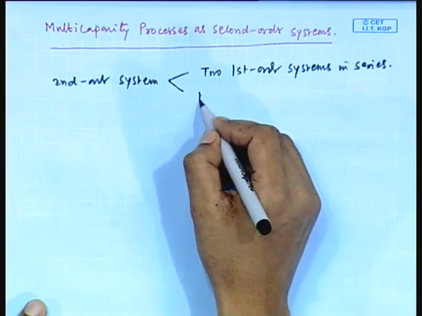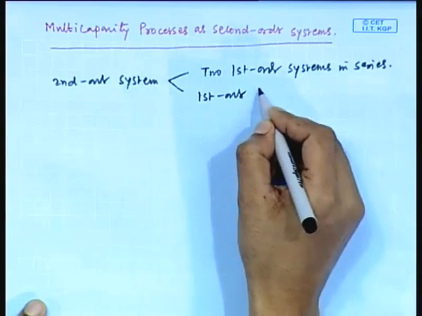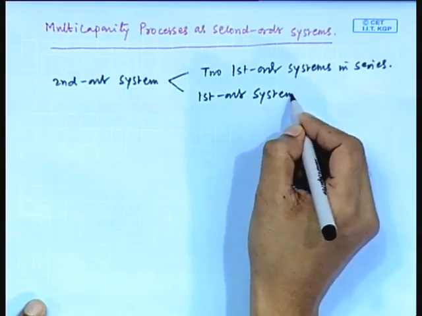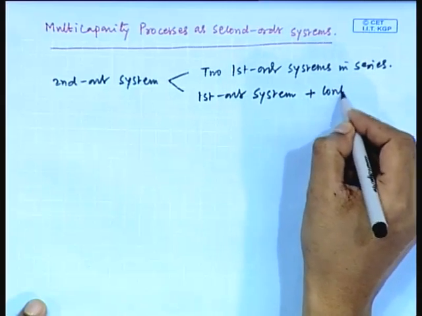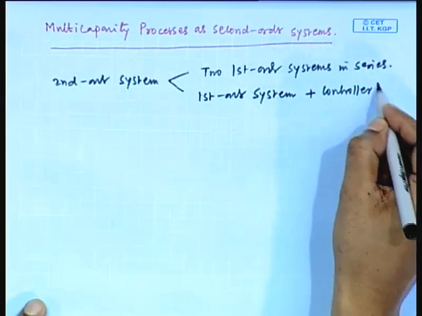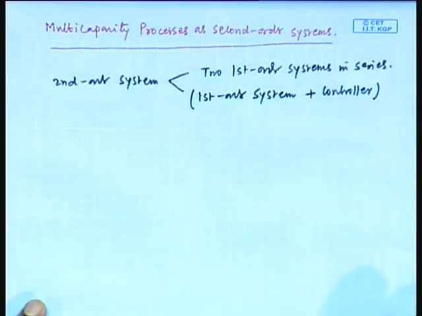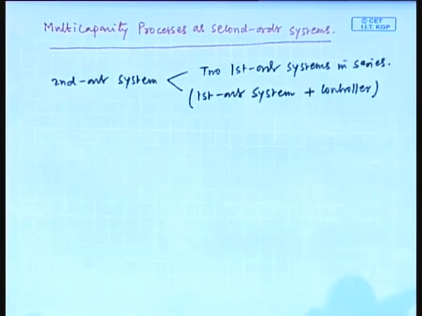In another case, if we include a controller with a first order system, we obtain second order dynamics. Fine. So, these two options we will discuss in details. First we will consider the connection of two first order systems in series.